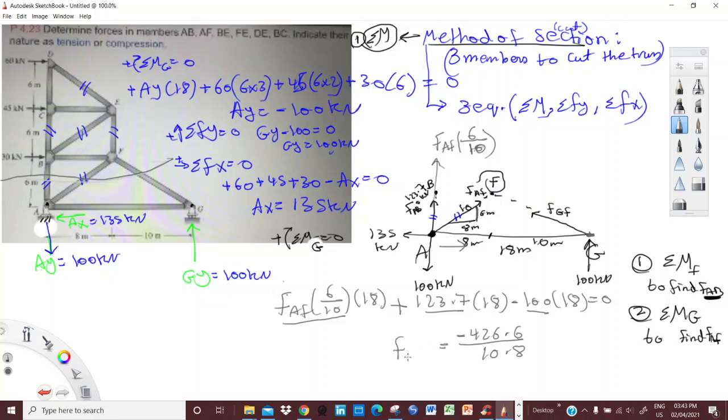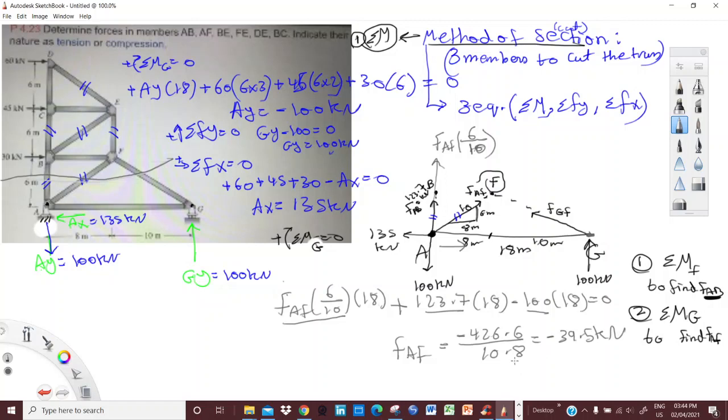And so AF is going to be 426.6 over 10.8, which is minus 39.5 kilonewton.